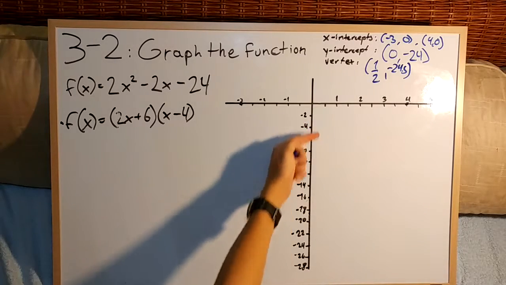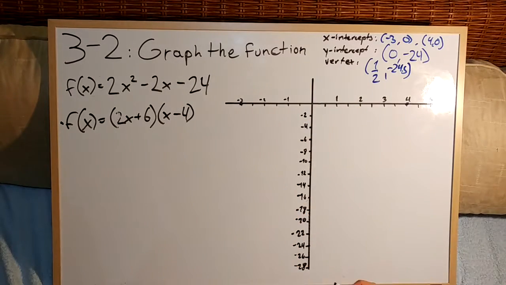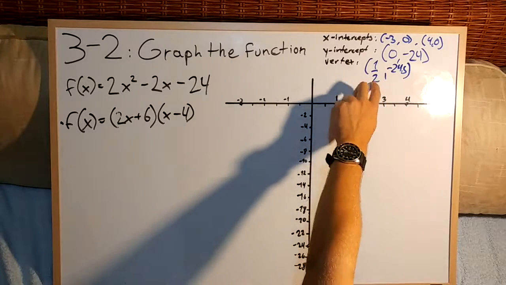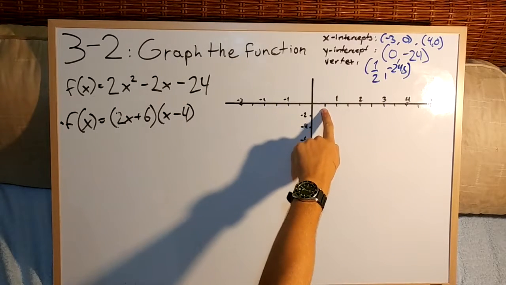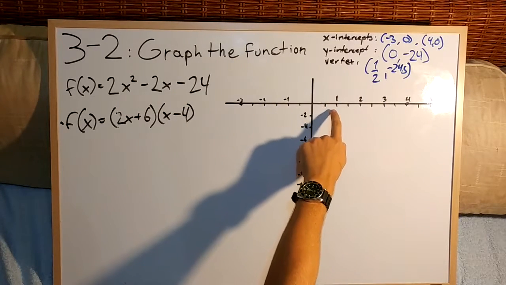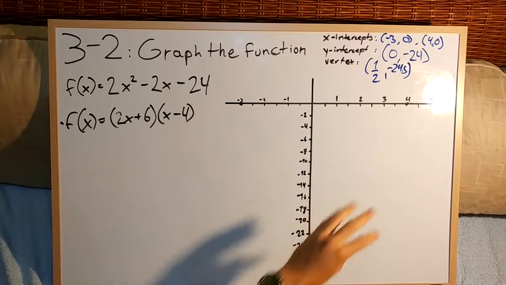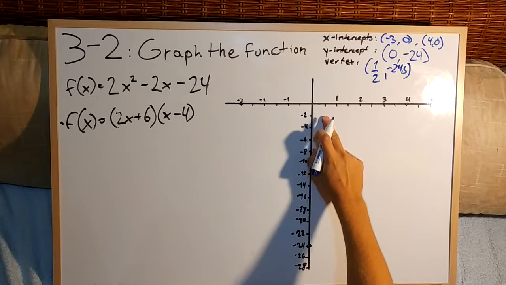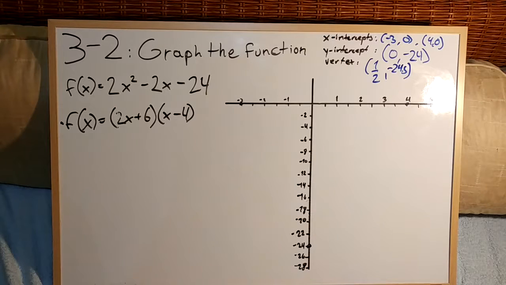Here we have x equals 0 and negative 24, which is all the way down here. We plot a point here. Now, the vertex, which is on half. These lines all count as a half, so half, 1, 1.5, 2, etc. So half is on here, and negative 24.5, which is right around here.